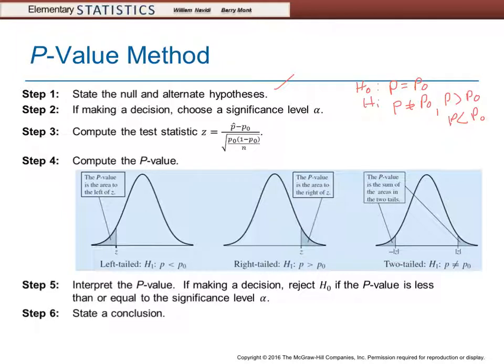Then we make a decision, we choose a level of significance at which we are going to reject the null hypothesis. Usually this is at 5%.